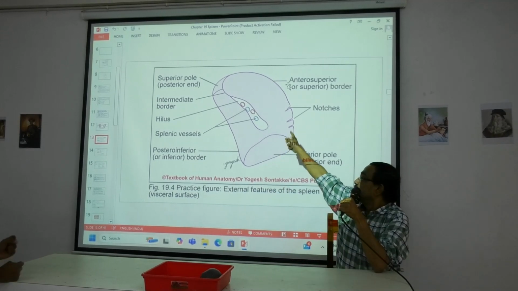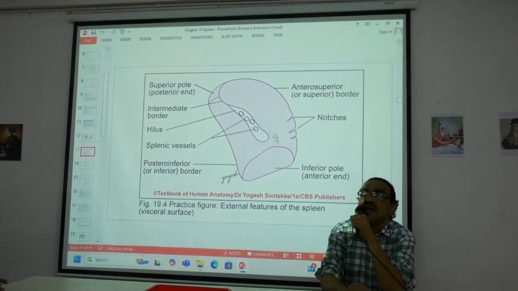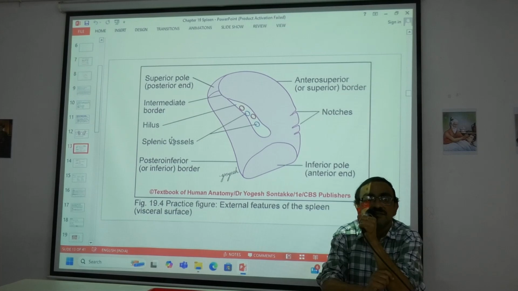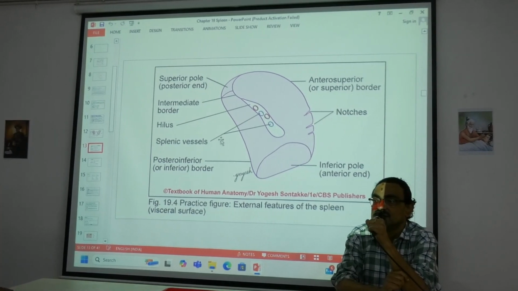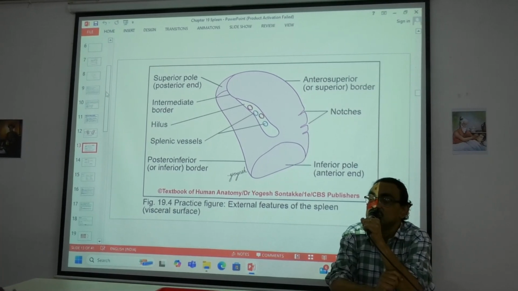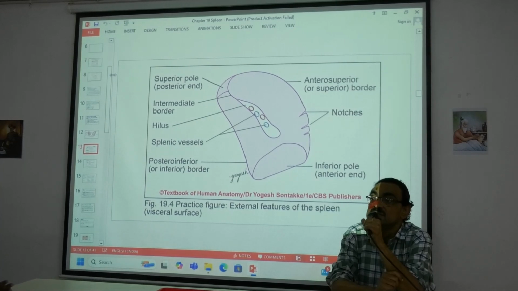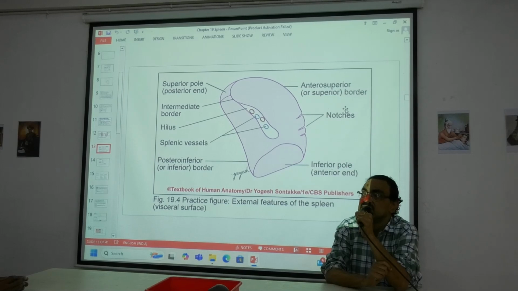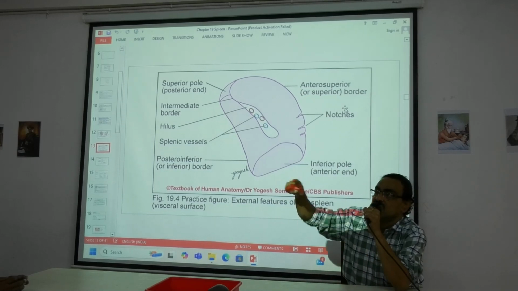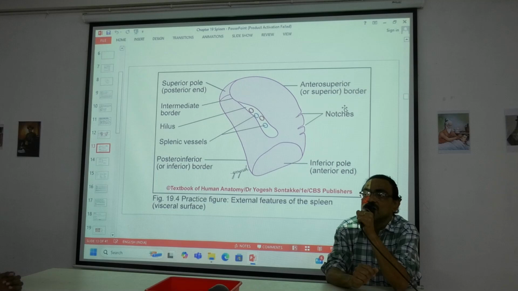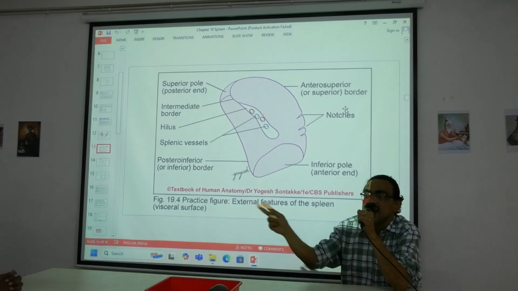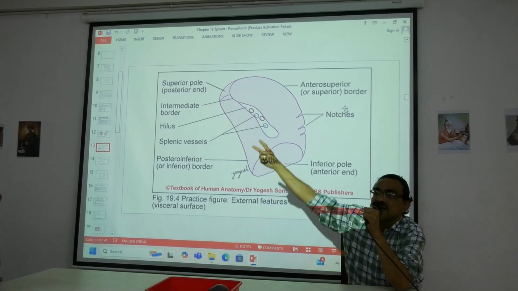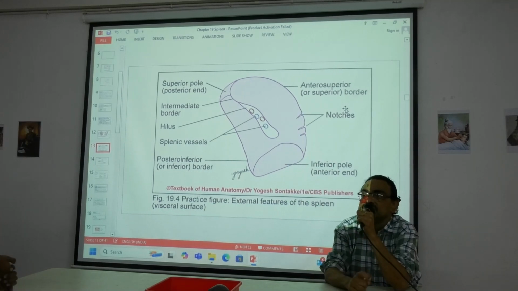Within the spleen, we can find this hilum. Hilum is for the passage of the splenic artery, the tortuous splenic artery, which is the largest branch coming from the celiac trunk. The splenic artery moves over the superior border of the pancreas and goes behind the body of the pancreas, and ultimately it reaches the spleen.